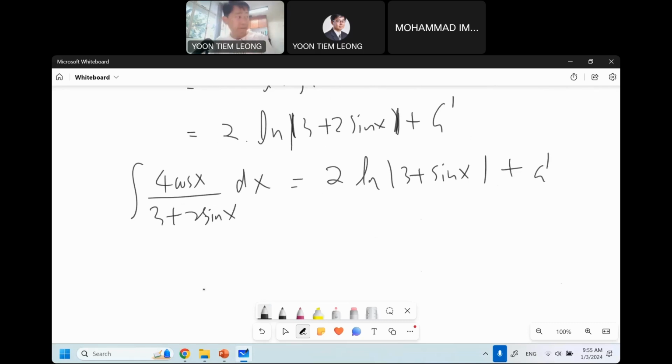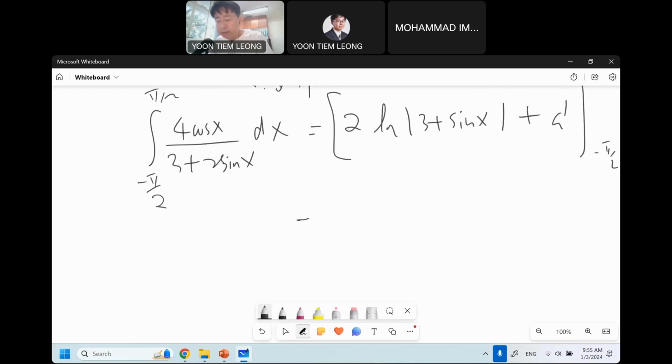If I calculate this for x from minus pi over 2 to pi over 2, I have to evaluate this between pi over 2 and minus pi over 2.